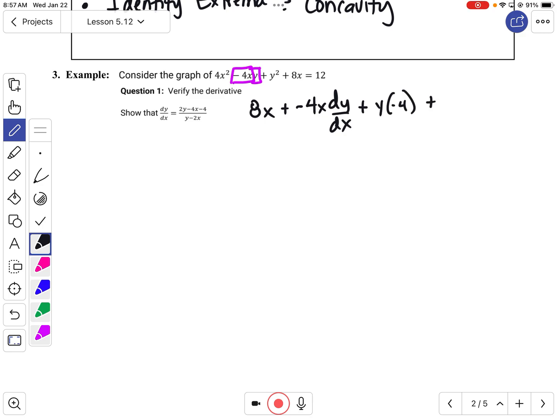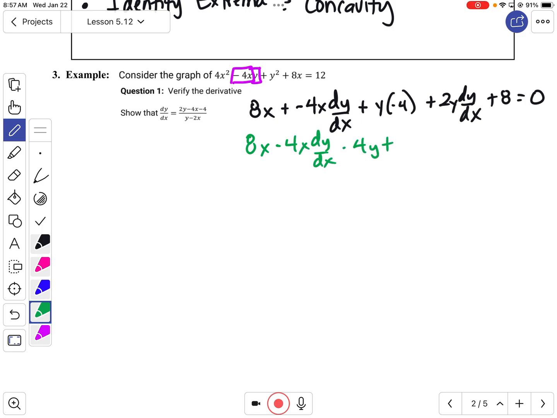Then we get to y squared, which would be 2y dy/dx. 8x would be 8. And what's the derivative of 12? 0. Be careful. That's the most common mistake. All right. We're going to combine what we can. So this is going to give me 8x minus 4x dy/dx minus 4y plus 2y dy/dx plus 8 equals 0, right?